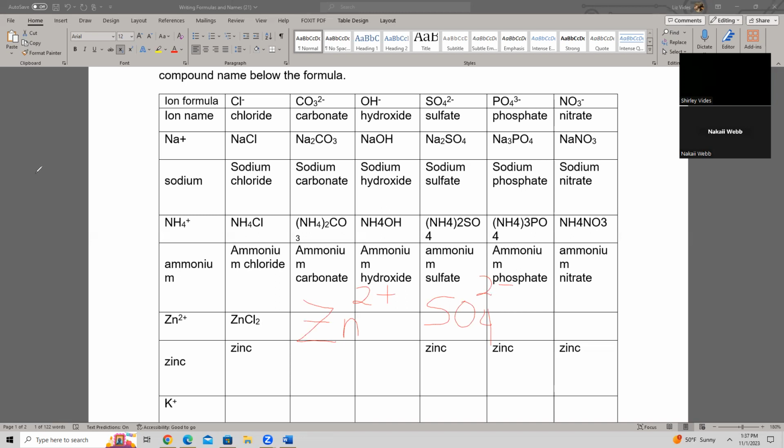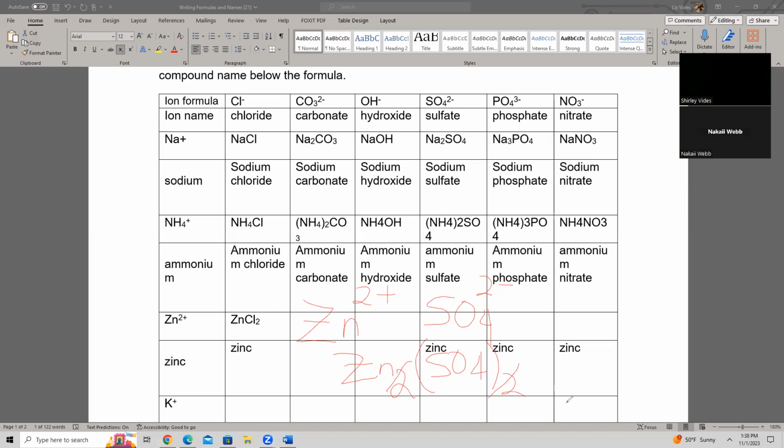Okay, so crisscrossing, right? We got zinc 2, parentheses, SO4, 2. Now, yes, you can simplify because what you're trying to show is the ratio between these two. And the ratio is a 1 to 1. You see that? Because we really don't need but 1 atom of each.